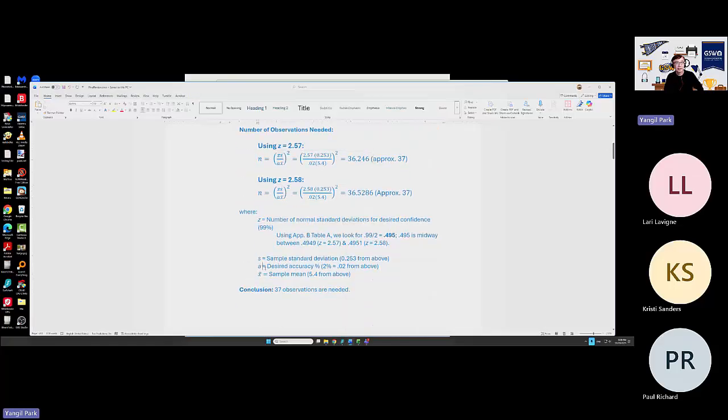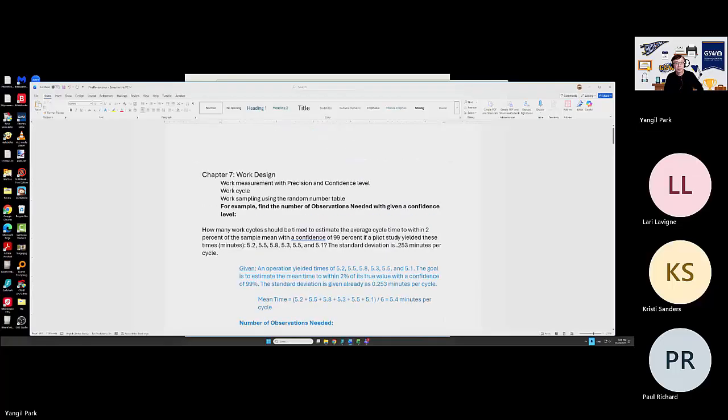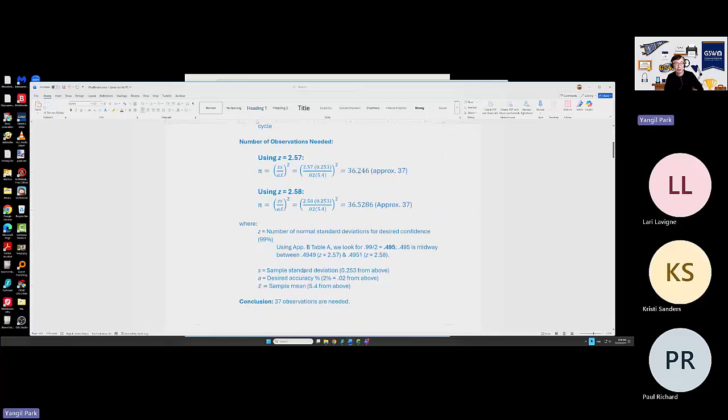A is the accuracy, which is 2%. X bar is the sample mean, calculated here by taking the total and dividing by 6. Then we plug in and find how many observations we need.